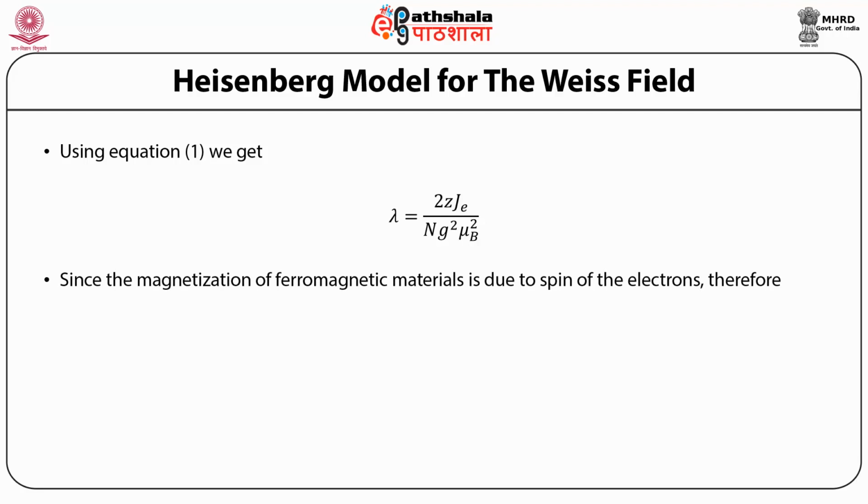Since the magnetization of a ferromagnetic material is due to the spin of electrons, this Tc comes out to be 2ZJe S(S+1) over 3kb. Therefore, from this Heisenberg model we conclude that the necessary and sufficient conditions for ferromagnetism are the existence of incomplete internal atomic shells and a positive exchange integral, because the curve clearly shows that if we want ferromagnetism, then the exchange integral must be positive and the ratio Rab over R naught should be greater than or equal to 3.